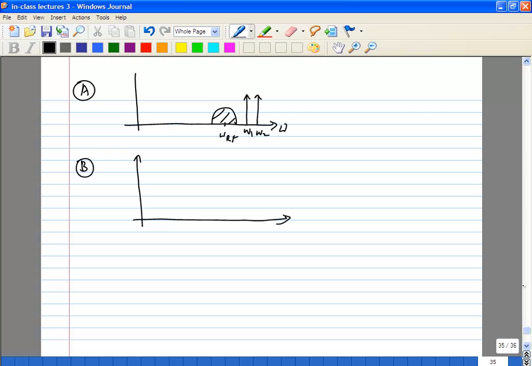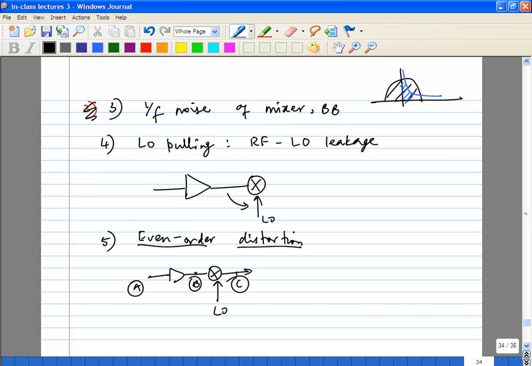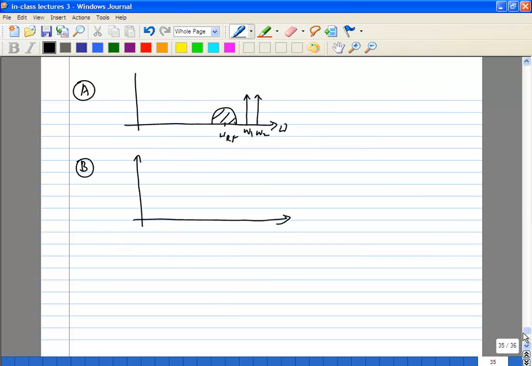Let's say the LNA has some even order distortion. Remember, B is the output of the LNA. If it has a second order distortion, these two interferers will produce an omega 1 minus omega 2 component. And of course, you have your RF, omega 1 and omega 2. This is the output of the LNA.